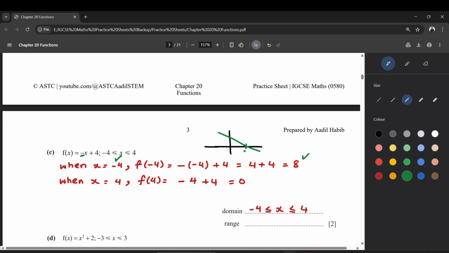So this should be 4, and over here we have minus 4. So what are the values? Because my domain is restricted to 4 and minus 4, I'm going to ignore this part because this goes beyond 4, right? So over here, when x is equal to 4, the value of y is going to be 0, and you can see that it's lying on the x-axis. And when it is minus 4, it has a higher value over here, which is 8. So that is why my range is going to be that f of x is between 0 and 8.